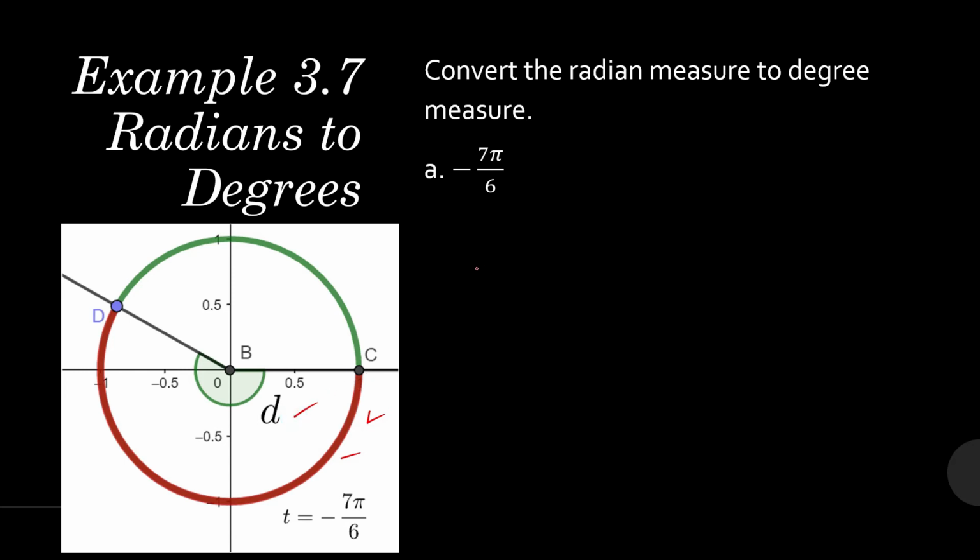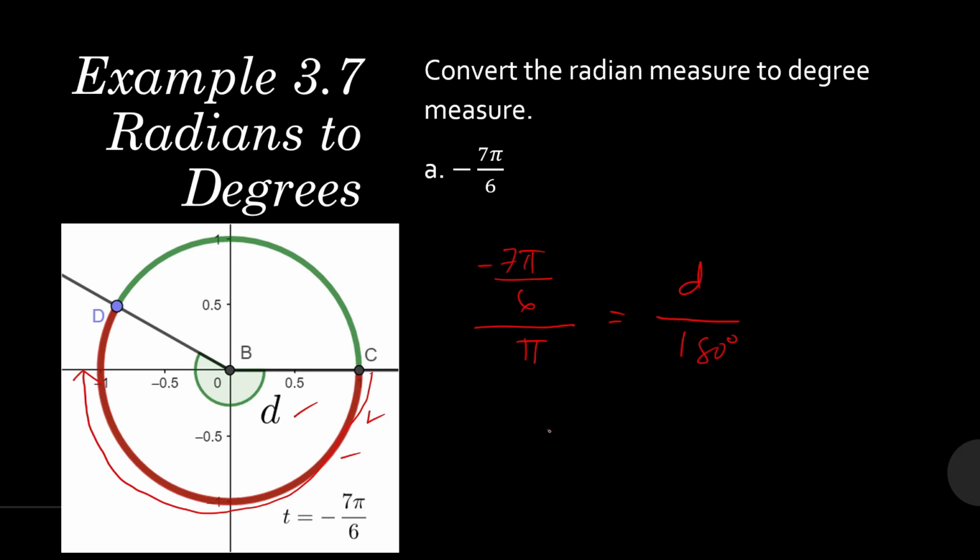So again, we set up our equation. The ratio of 7 pi over 6 to pi. Pi is the straight angle. Pi is this. Pi is the length of your arc of the semicircle, or 1/2 of your circle. This one is equal to, we don't know D, the ratio of D to the straight angle, which is 180 degrees.